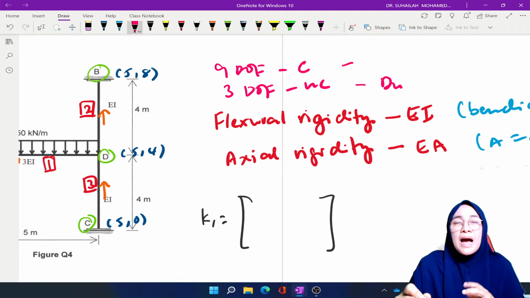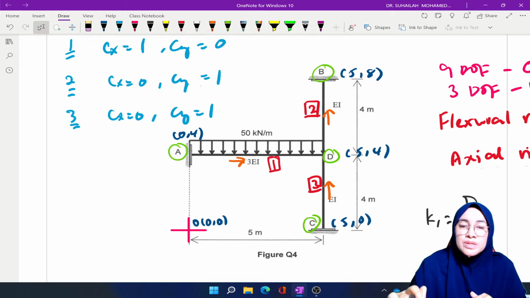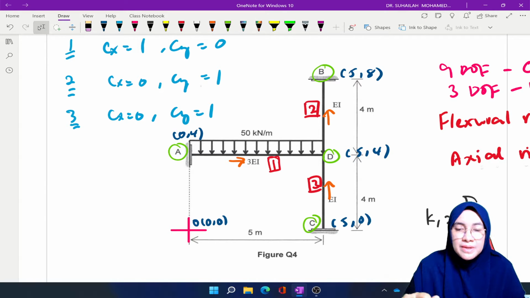Okay, based on the question, we will establish K1, K2 and K3 as usual using the formula given, and what is most important is the label. So let's label it now.